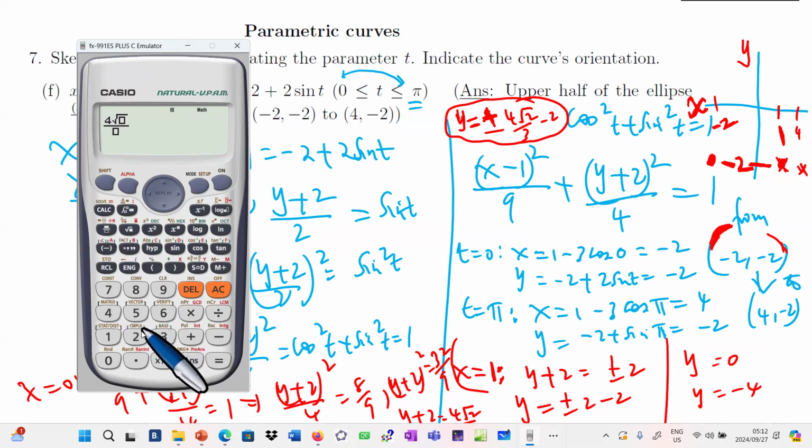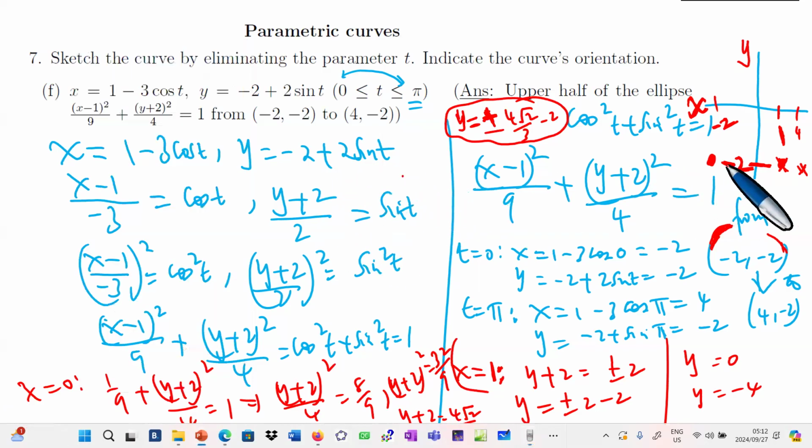Okay. So now you have minus 2, which is minus 0.11, which is somewhere here, minus 0.11.